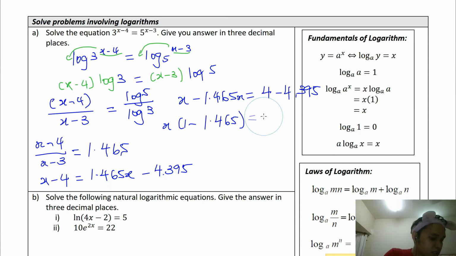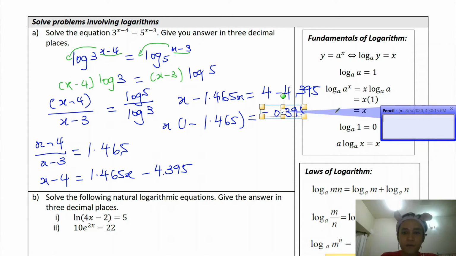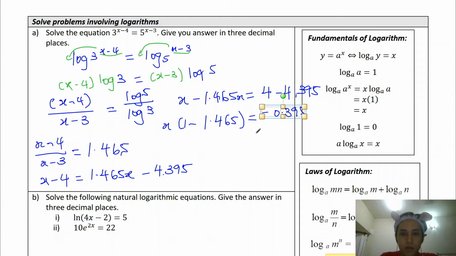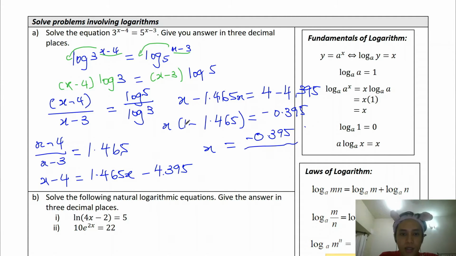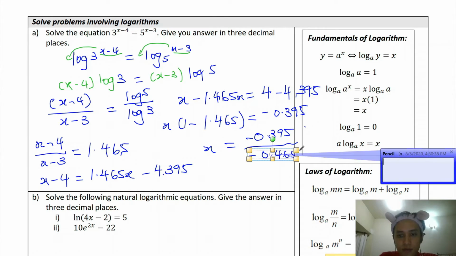Okay, so 4 minus 4.395, you should get negative 0.395. Okay, and then this one, 1 minus 1.465, so this one will be negative 0.395, divided by, this is 1 minus this, right? So it's negative 0.465.